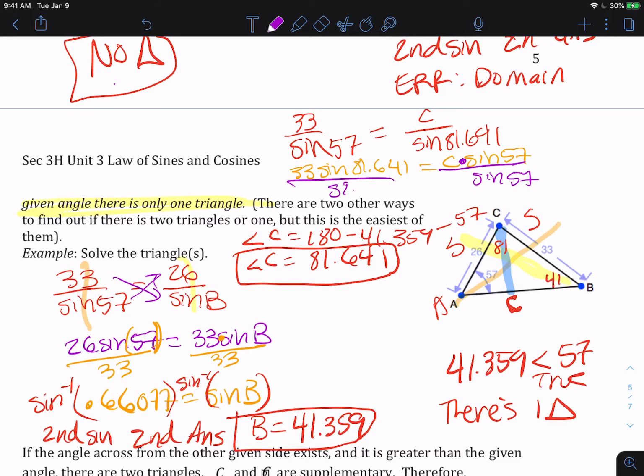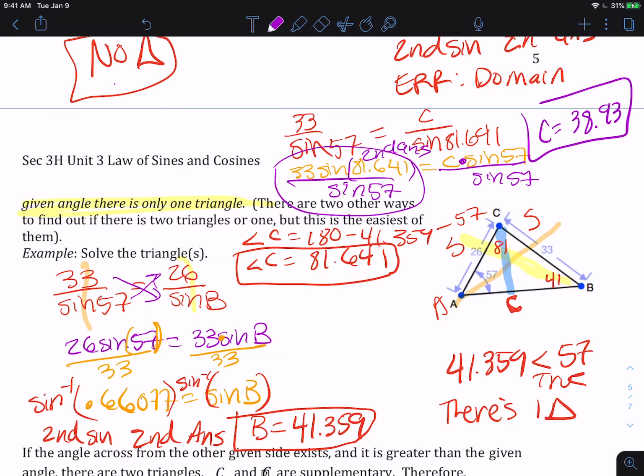I'm just going to put this whole left side in the calculator, making sure that I close my parentheses. I'm going to do 33 sine, but then I'm going to use second answer for this part because it's sitting in my calculator, so that I avoid a rounding error. Make sure to close my parenthesis, then divide by the sine of 57. Then that gives us that C is 38.93.